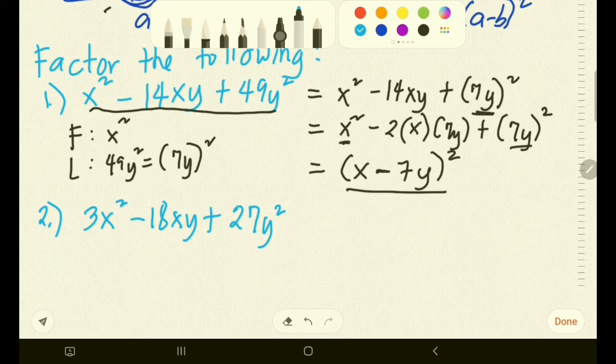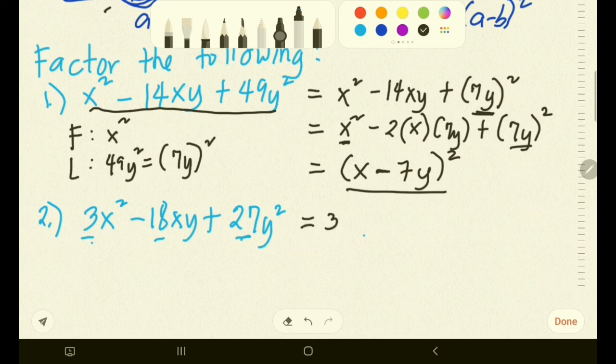As you observe, the first term, 3, is obviously not a perfect square. The third term, 27, is also not a perfect square. But notice 3, 18, 27, they have a GCMF, which is clearly 3.